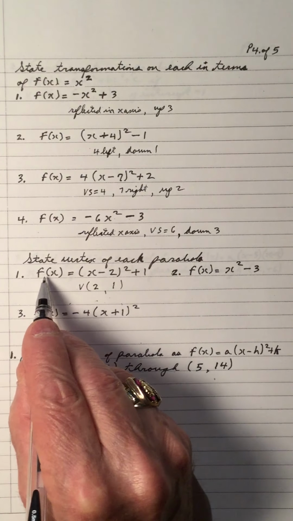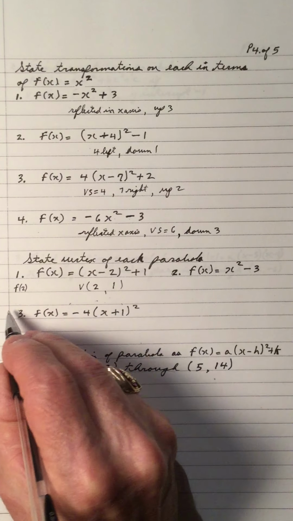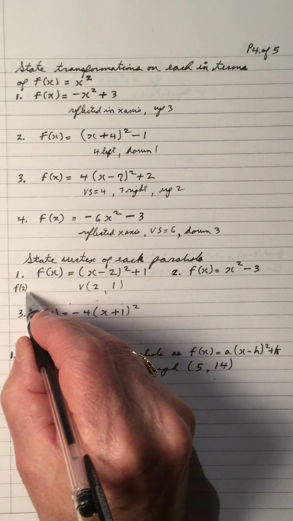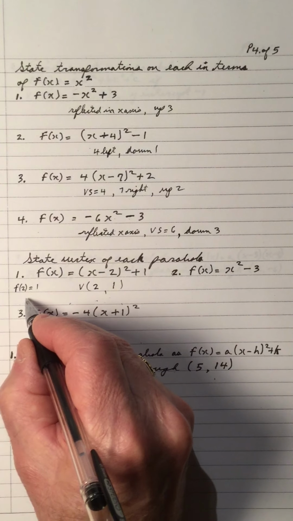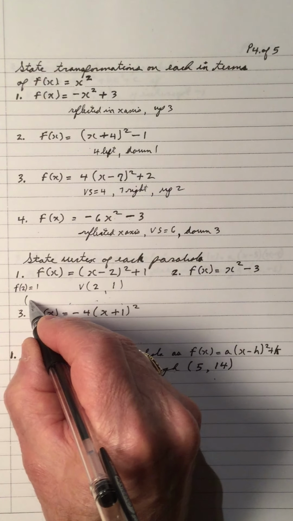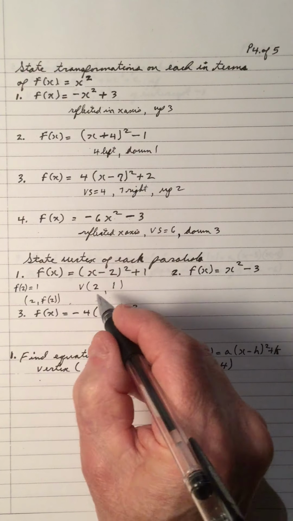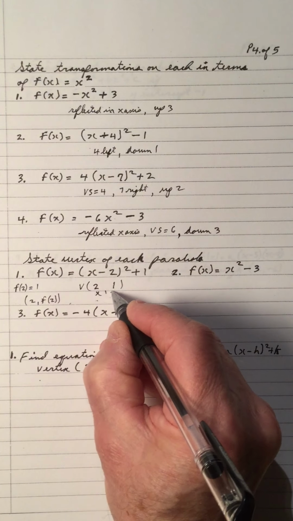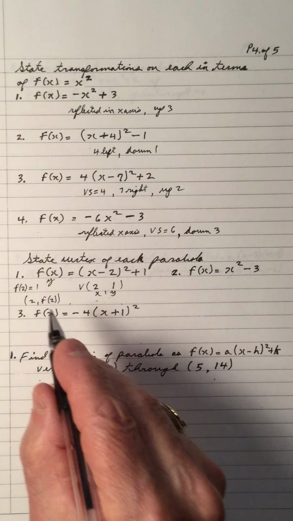So notice if you do this, the f of 2 is equal to 1. So that's an ordered pair of 2, f of 2, if you want to think of it that way. Or we think of an ordered pair as x comma y. Think of f of x as the y, and it's not so confusing.